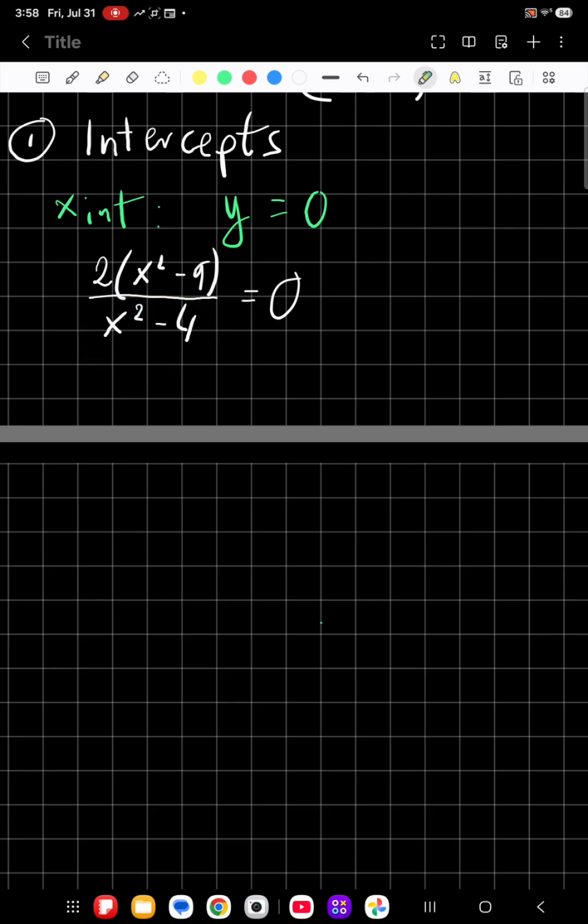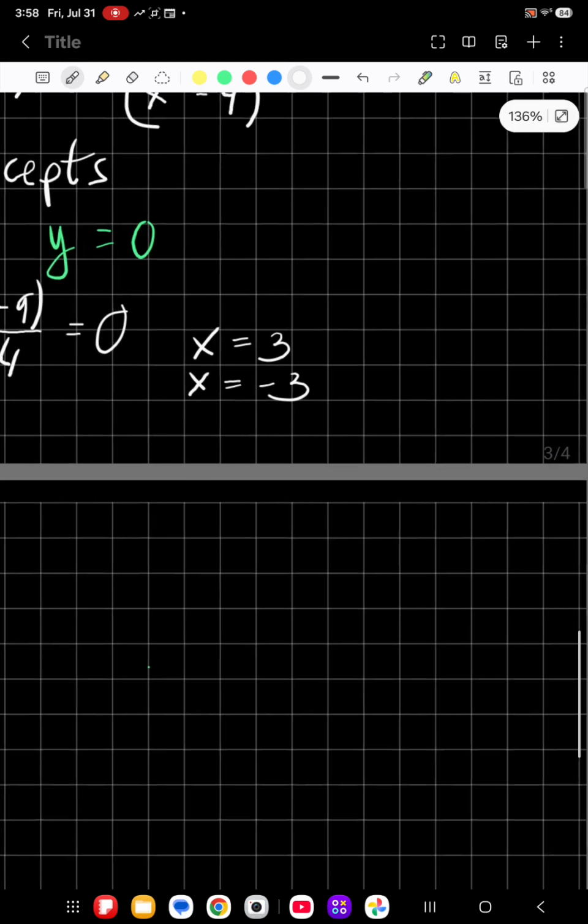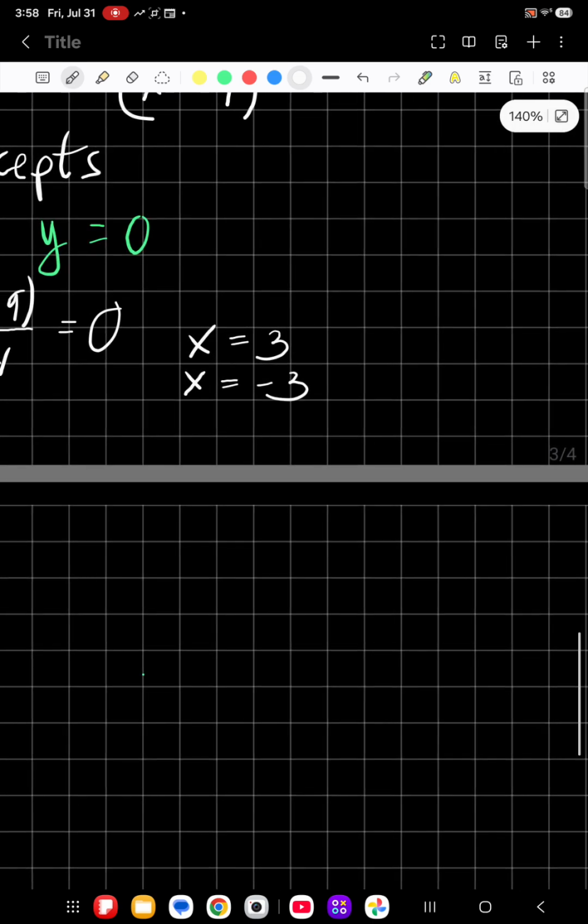The intercepts, or the zeros of this function, you'll get from the numerator. The numerator becomes 0 for x equals 3 and x equals negative 3. So these are the two intercepts. Let's write them as points: 3, 0, and negative 3, 0.